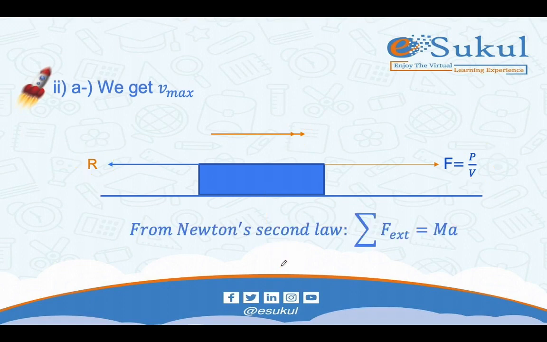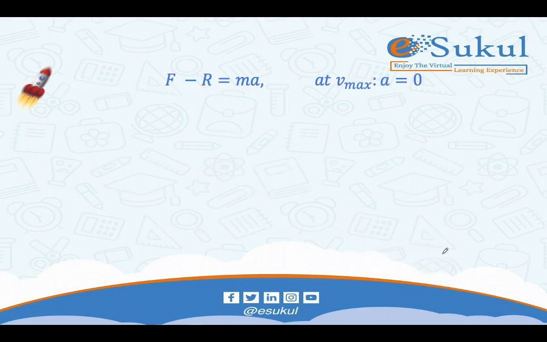We remind ourselves that from Newton's second law, the sum of the external forces is balanced by ma. Since the pulling force is F, we have F minus R equals ma. But we remind ourselves that at maximum velocity, acceleration is 0.